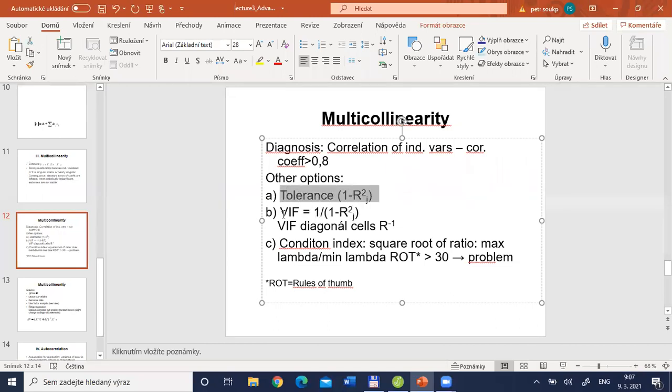Recommendations related to tolerances and VIFs are the following. If the tolerance is below 0.2, some people also say only below 0.1, there is a big problem in your data, there is big multicollinearity, and you should try to solve it. For VIF, as it is only the reverse value, instead of below 0.2 or 0.1, values above 5 or above 10 are problematic. So that's tolerance and VIF.